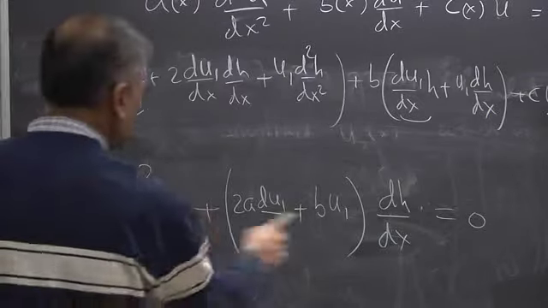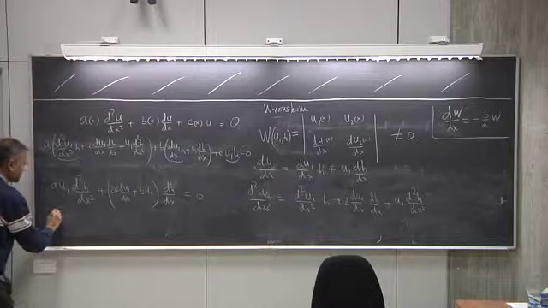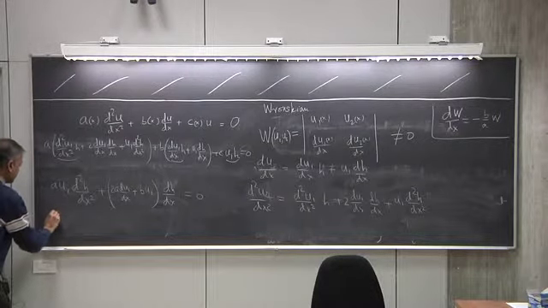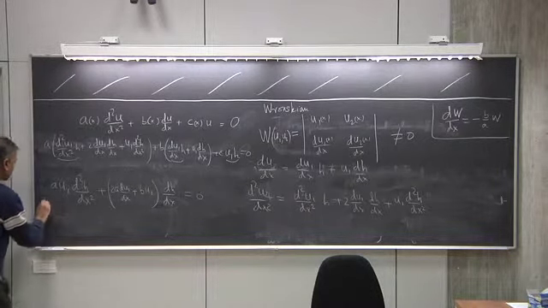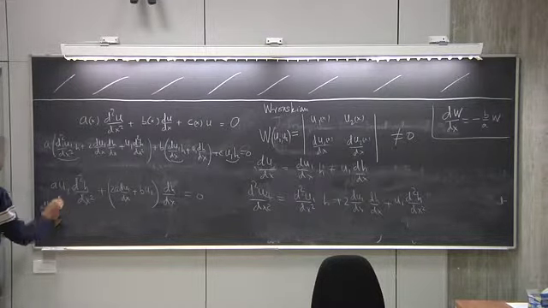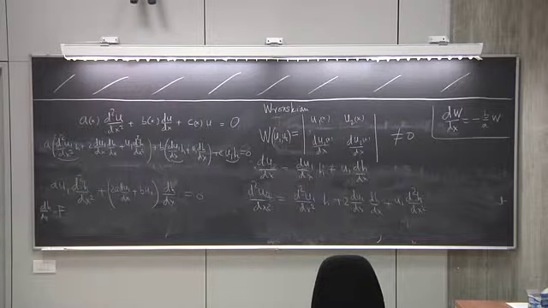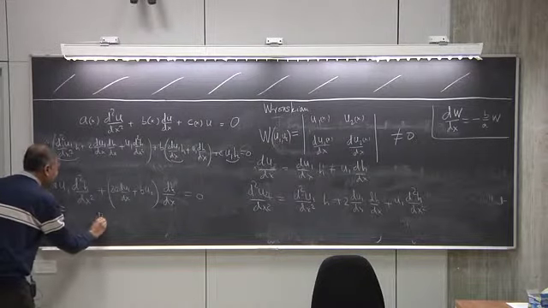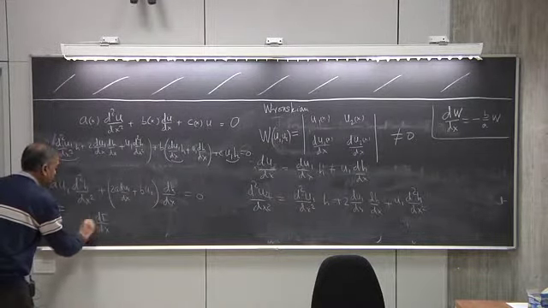So this equation, I can write it in the following way. Let's call dh/dx equal to something. Give some name to it. Let's say f. Then this equation is a first order differential equation for f. And you get df/dx divided by f.